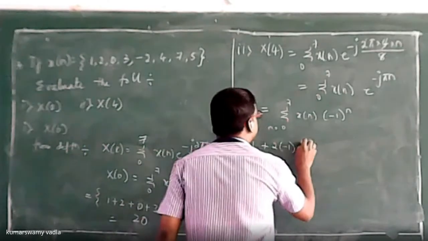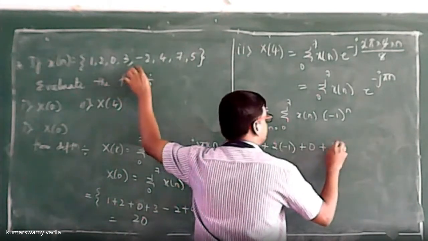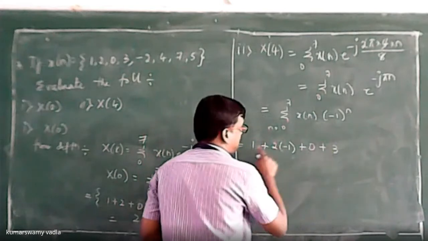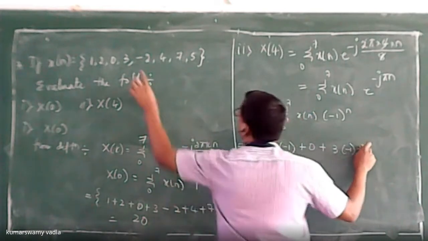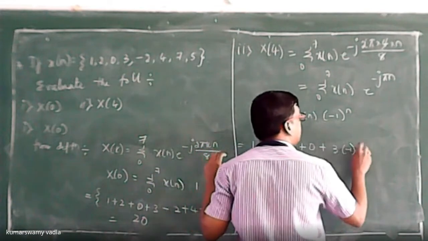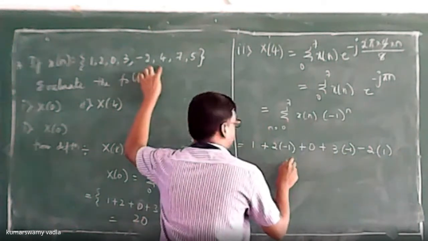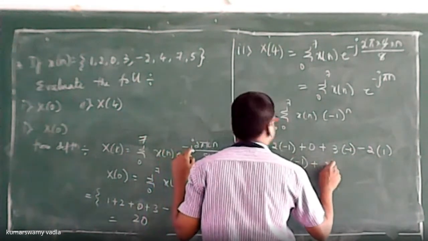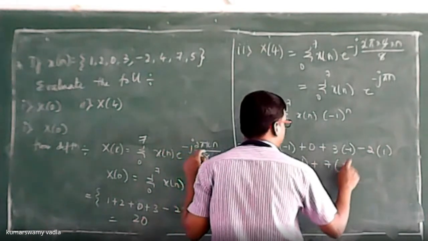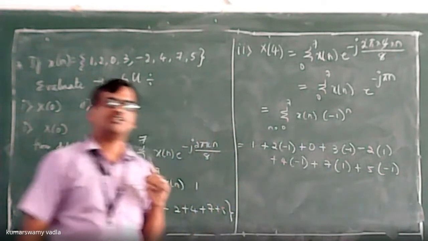Minus 1, sir. Minus 1 plus 0 into value, plus 3 into plus 1, minus 1 plus 1, again minus 1, minus 2 into plus 1, then plus 4 into minus 1, plus 7 into plus 1, plus 5 into minus 1. Is the point of discussion clear here, friends?